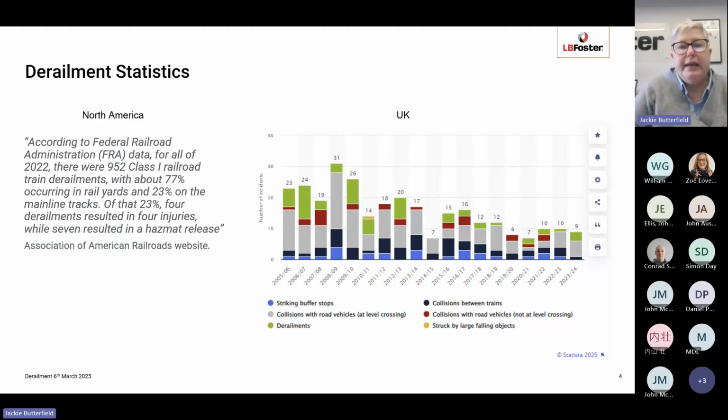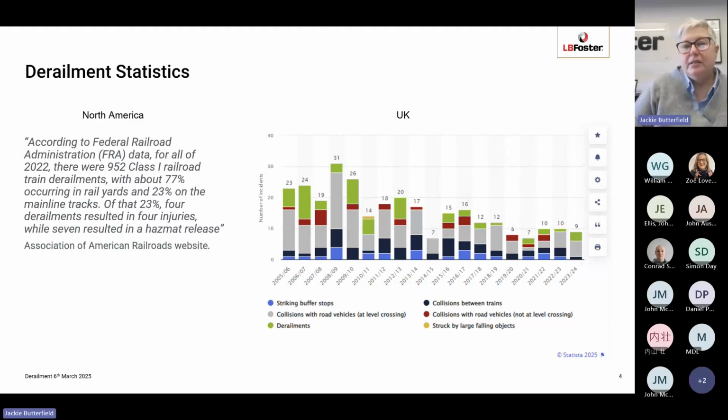And then in the UK, here on the right are some statistics on rail vehicle incidents. The derailments are in green. You can see the most recent numbers looking back over the last 5 years, with the exception of 2019, 2020, there are somewhere between 7 and 10 derailments every year.